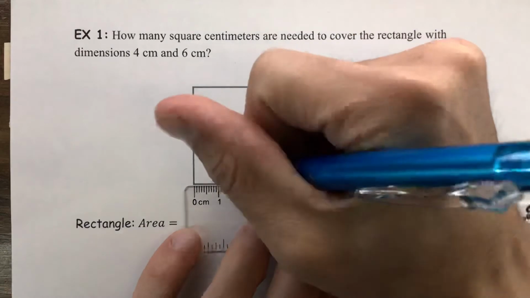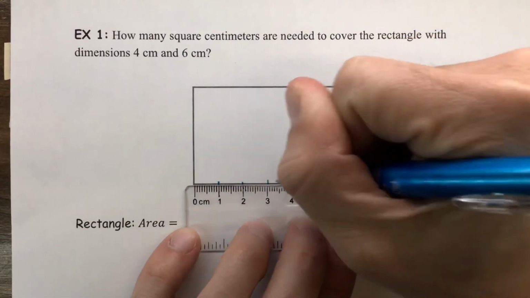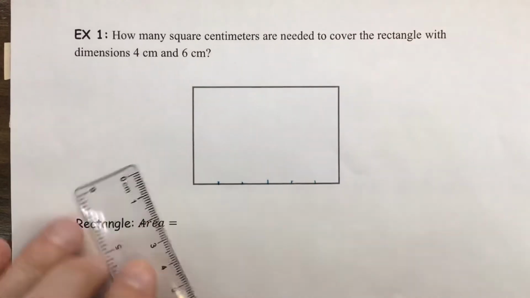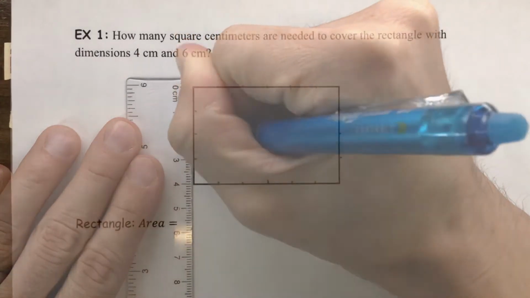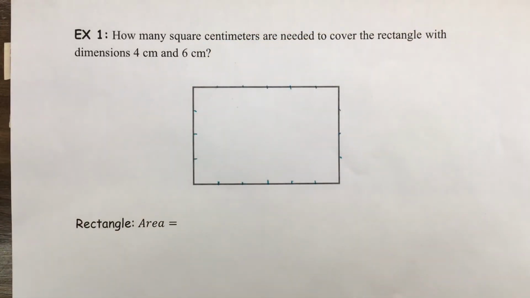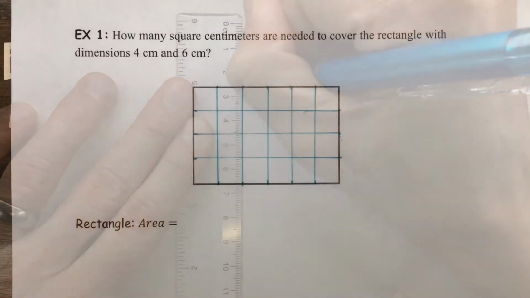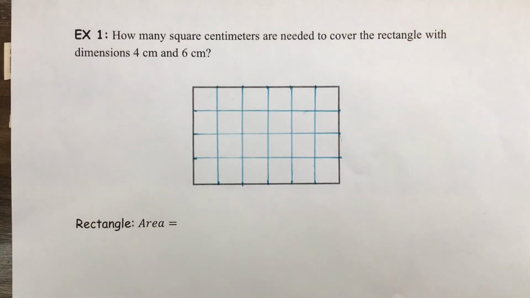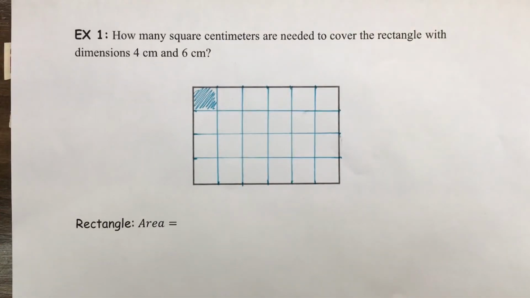It's going to start off with me marking off at every centimeter. And then I'm going to go ahead and connect across. All right, so each of these is going to be a square centimeter. Each of these little boxes is a square centimeter.